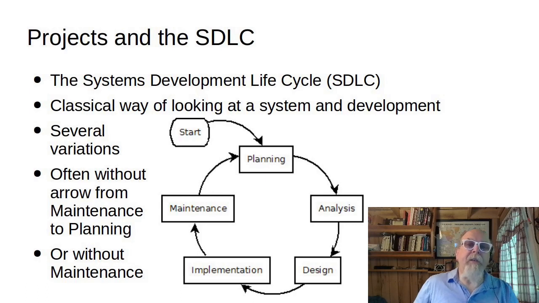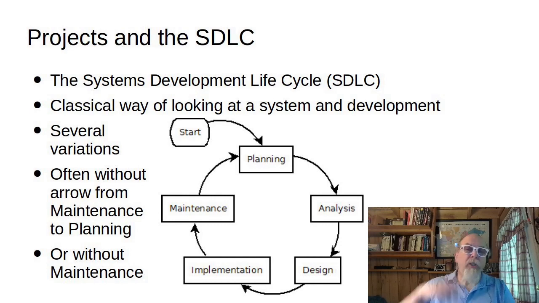So the systems development life cycle is really the classic methodology for managing a tech project. The systems development lifecycle follows 4 or 5 steps. In some textbooks, they only include the first 4: planning, analysis, design, and implementation, where in other textbooks they include the 5th.